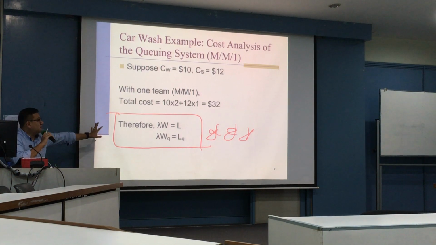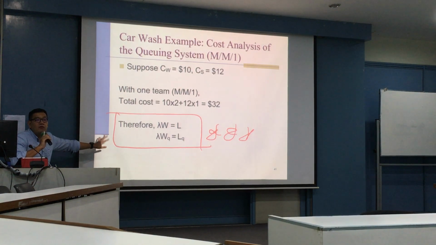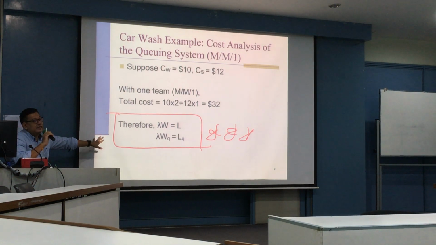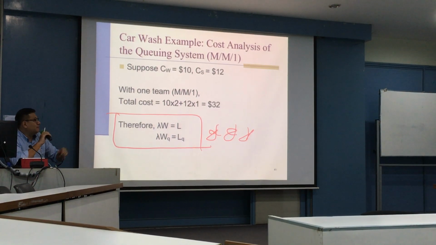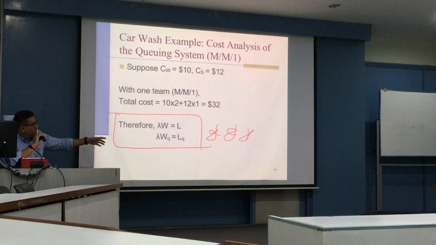So this relationship is the real one that we can apply for all the models that we study. Lambda multiplied with W equals L. Lambda multiplied with WQ equals LQ. If you look carefully, lambda is about what? Customers per hour, let's say. W is hours, right? So you're going to have the customers finally. So that would be LQ. So this relationship is real.